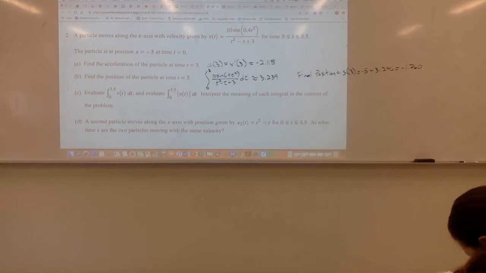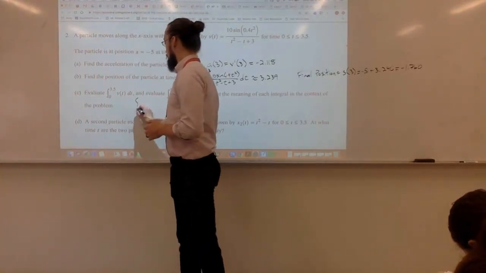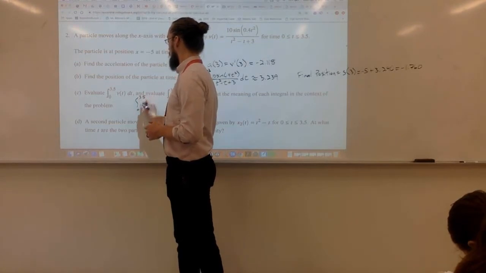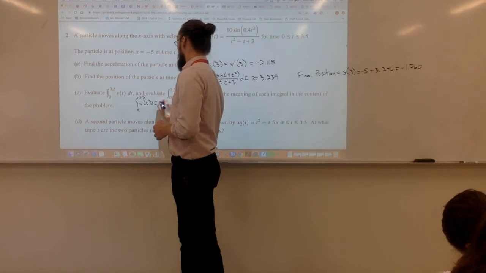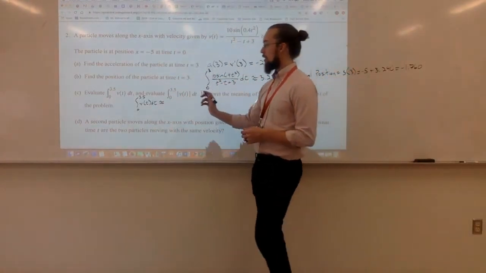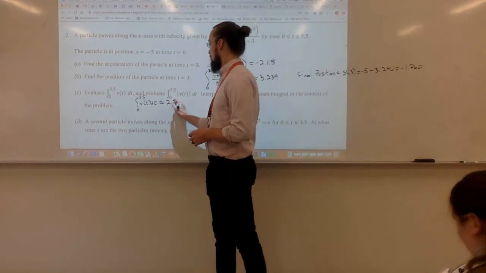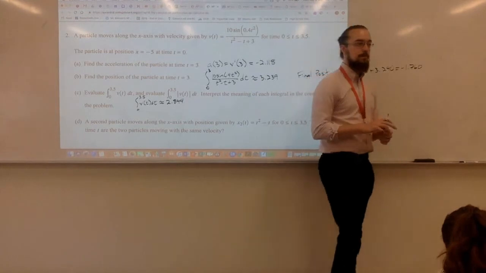So again, we can just plug these into the calculator. So we do the integral from 0 to 3.5 of v of t dt. What do we get? 2.844. Is that what everybody else got?